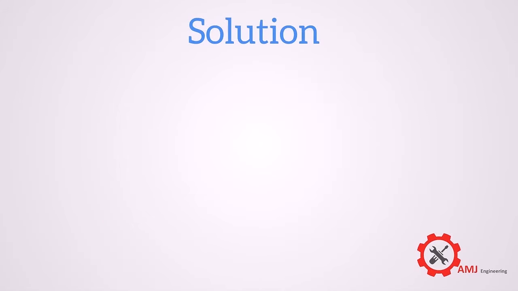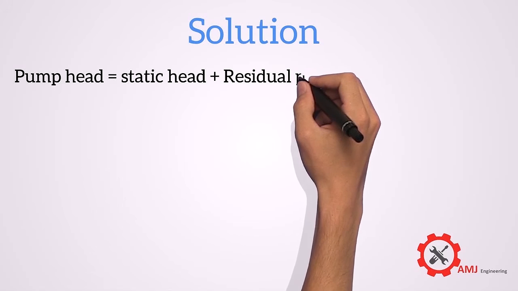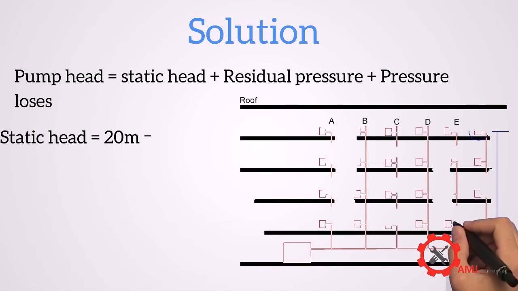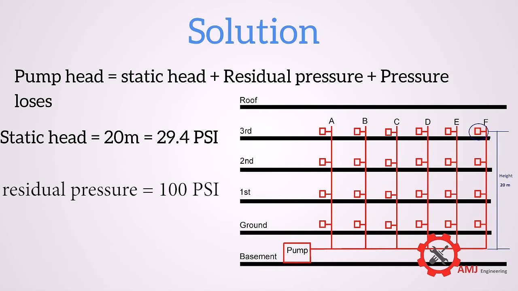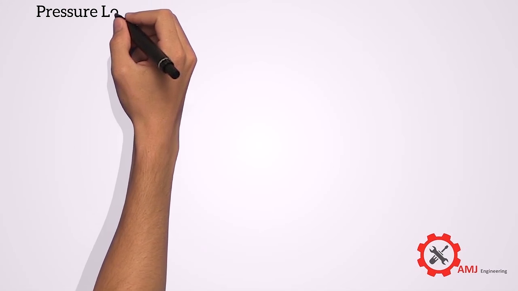Solution is as follows. Pump head equals static head plus residual pressure plus pressure losses. Static head equals 20 meters equals 29.4 psi. Residual pressure equals 100 psi, being Class 1. Pressure losses.